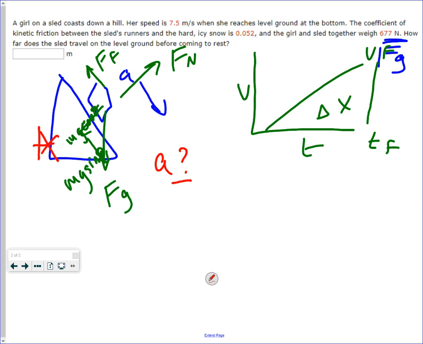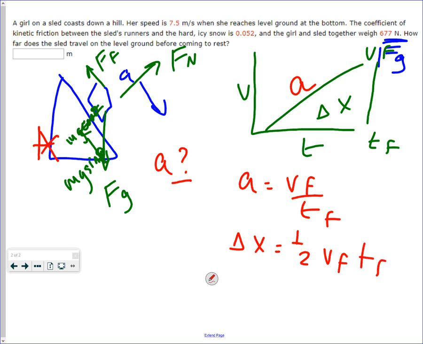Once I know the acceleration, it's the slope of the line. And then you should be able to find the vf and the tf and use the area under the curve. You'll have a number here, so you'll be able to substitute one into the other.